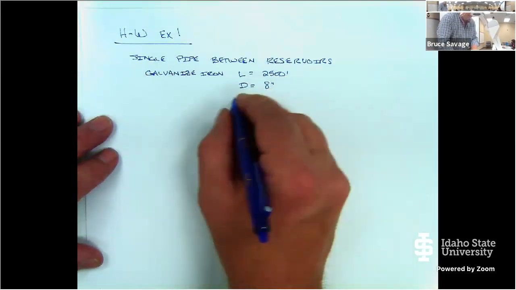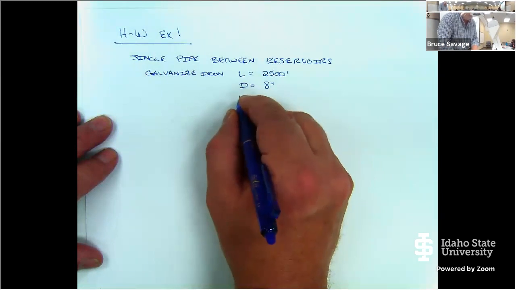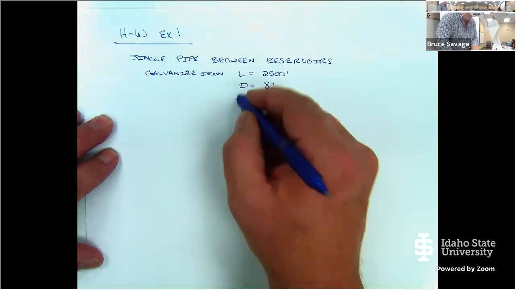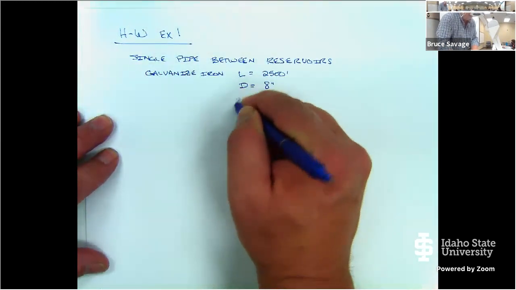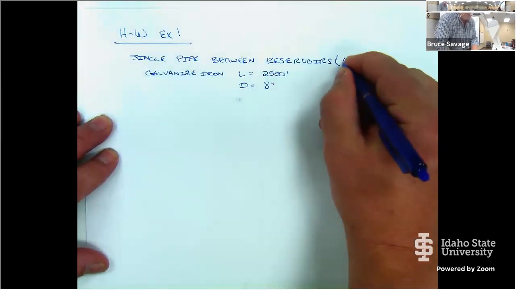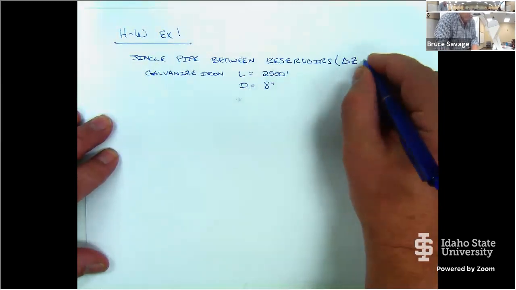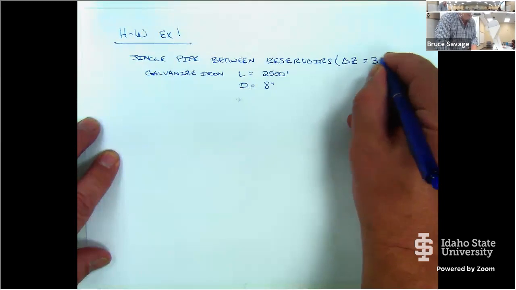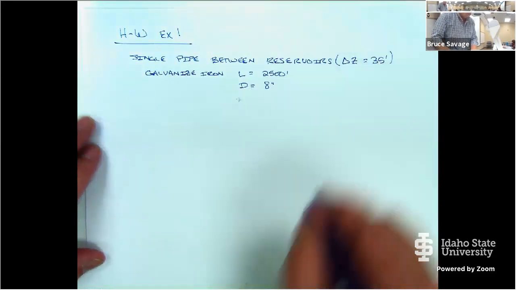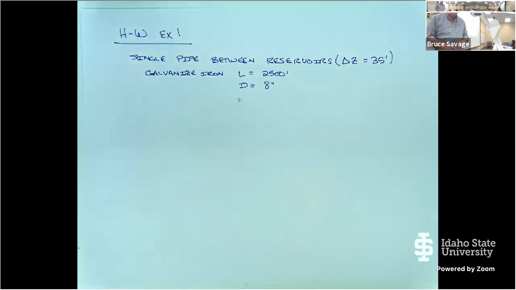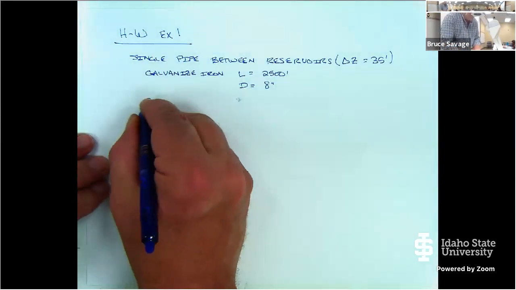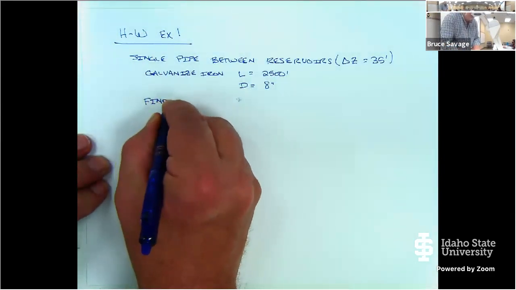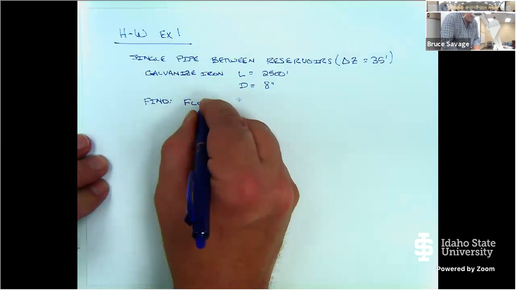And the delta Z across the reservoirs is equal to 35 feet. And what we want to find now is the flow rate.